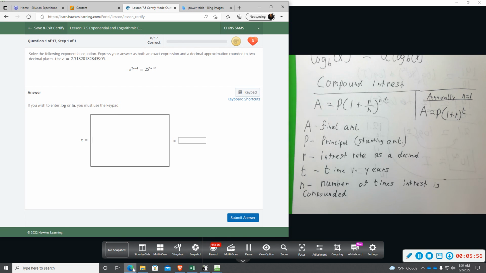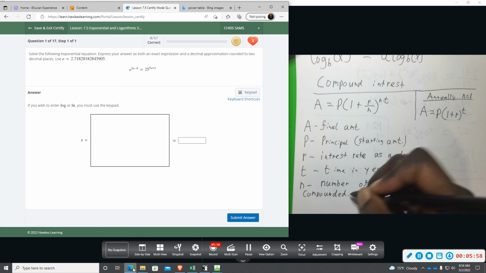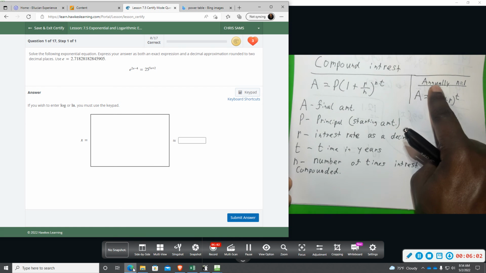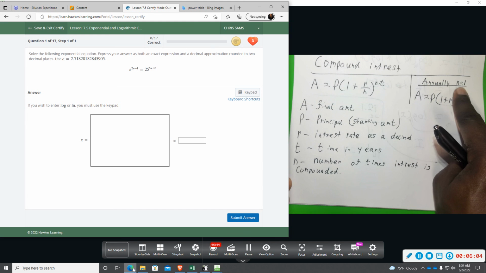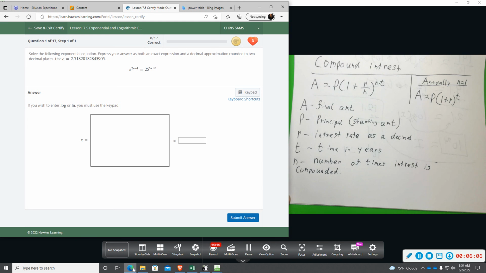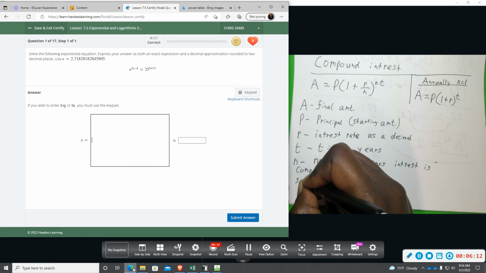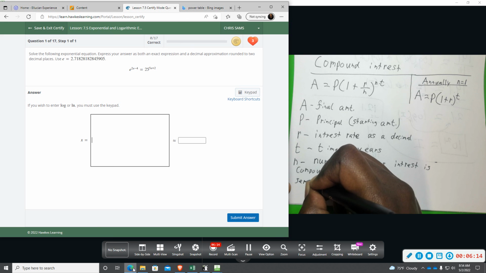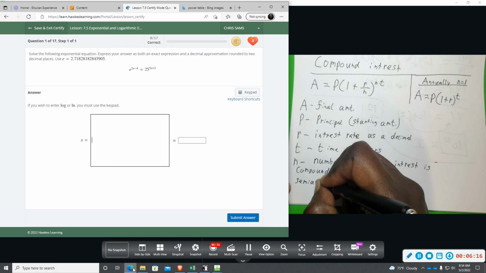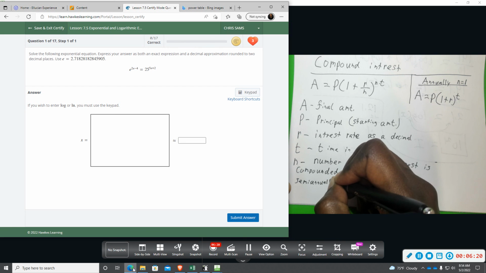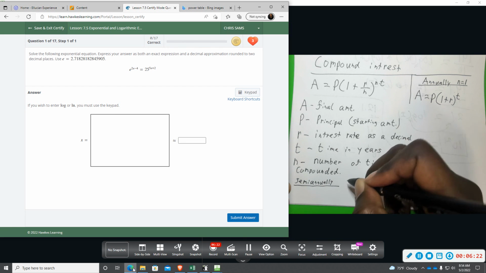Now, to figure out N, you just have to be familiar with the terms that they use. So annually is one of the terms. That means N equals 1, but there are several other terms you might see. So you might see semi-annually, N equals 2.